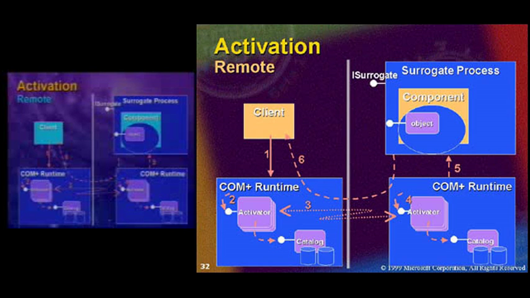And we've made the activation process, the process of creating an object, a little bit more flexible, because instead of trying to add a bunch of attributes or parameters onto the API, CoCreateInstance, and making that even more complex than it already is, we can use attributes that are stored in the catalog to specify information about services.